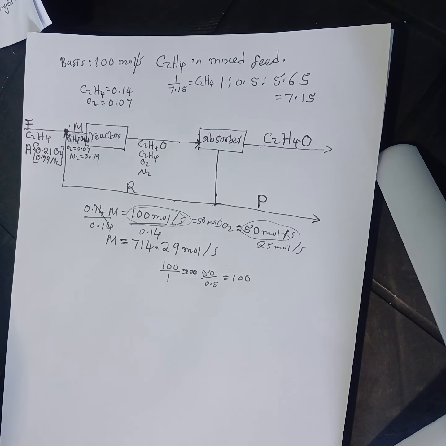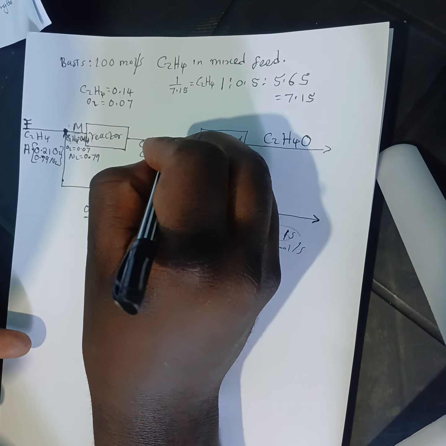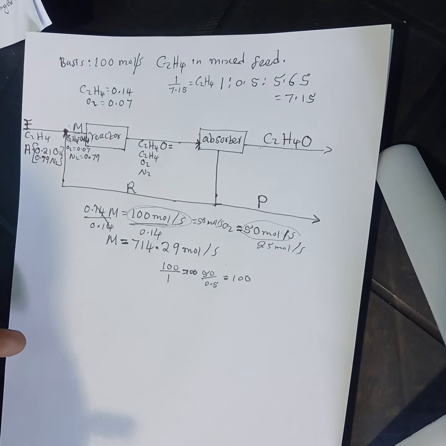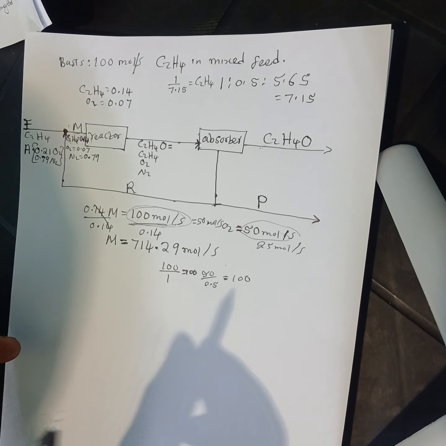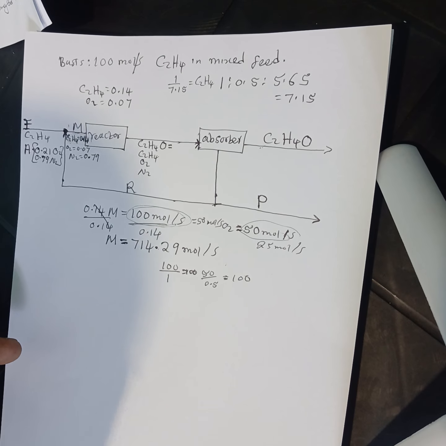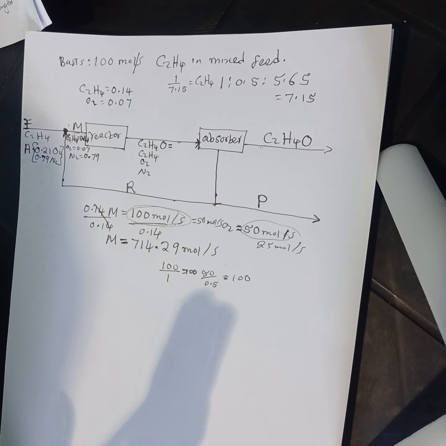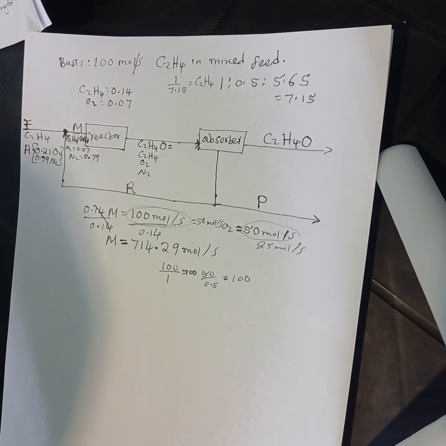These are the products that we are going to have. Just like I explained in class, you consider the stoichiometric ratios in the balanced chemical equation. It is 1 mole of ethylene to 1 mole of the product.